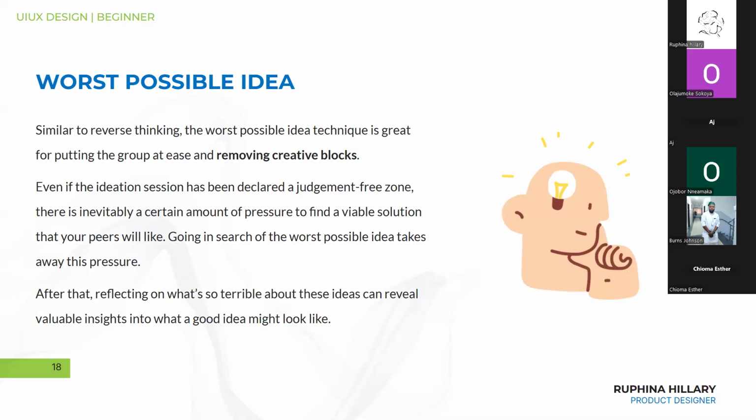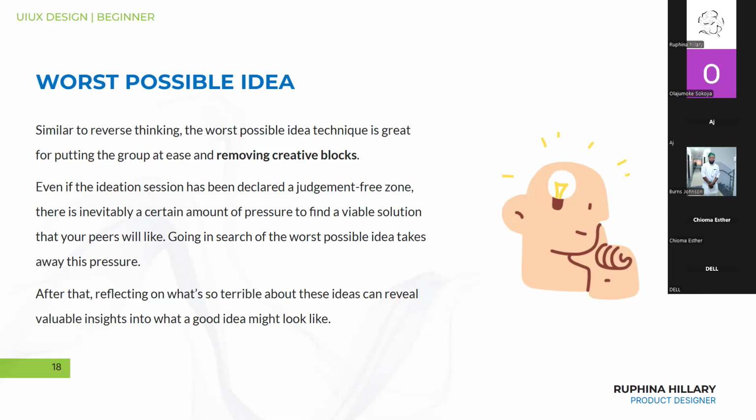So now that edge of perfection, that aim to please, has been removed, because people are now thinking about what's the worst possible way to solve this problem. So any idea, as ridiculous as it is, works.